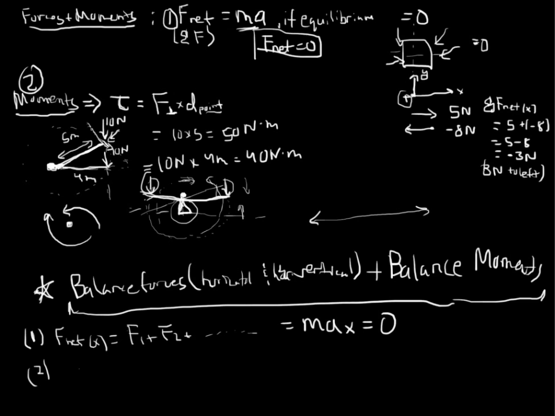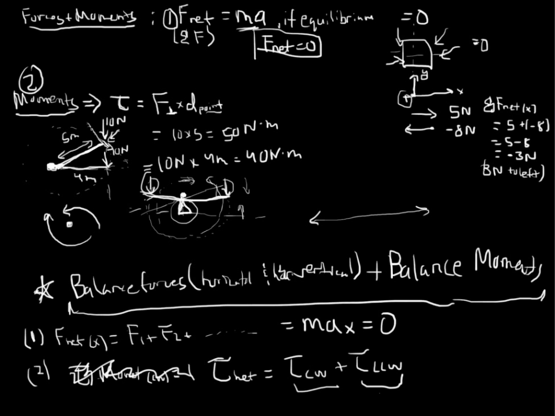And then second, for the torque, the net moment, or net torque, is equal to the torque from the clockwise rotation plus the torque from the counterclockwise rotation. And you can choose one of these to be negative. Usually counterclockwise is chosen to be positive, and then clockwise is chosen to be negative.